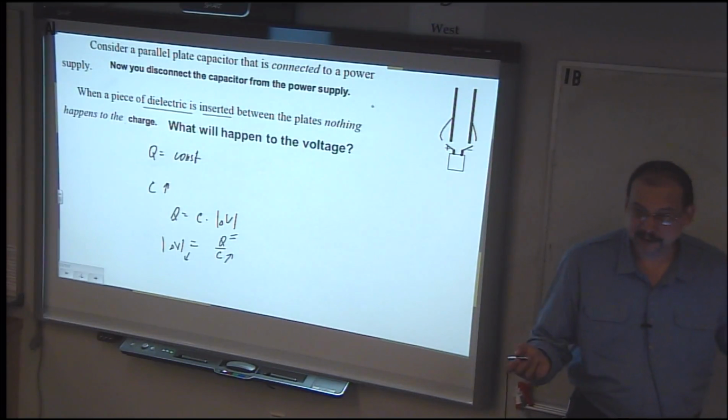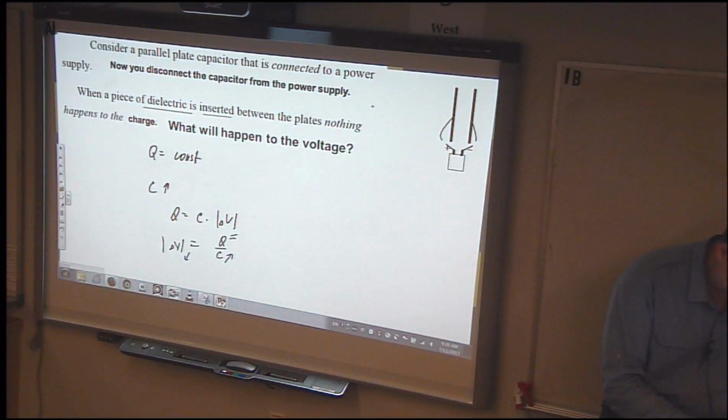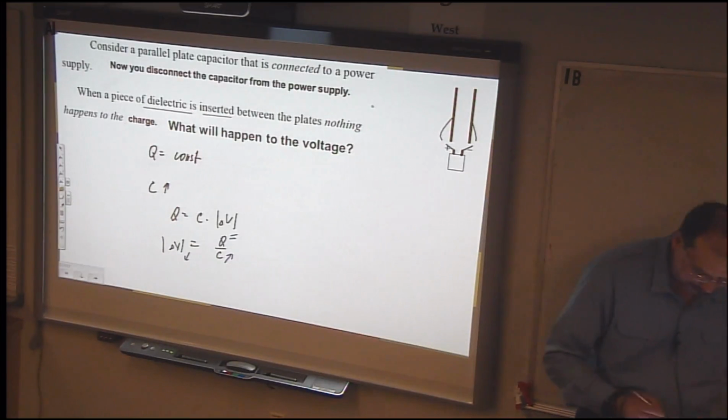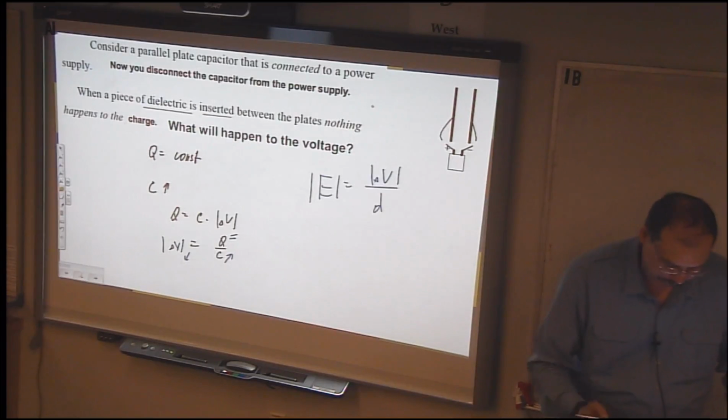And let's talk about what's happening to the electric field. What do you think will happen? Well, again, for the electric field strength, we have two equations.